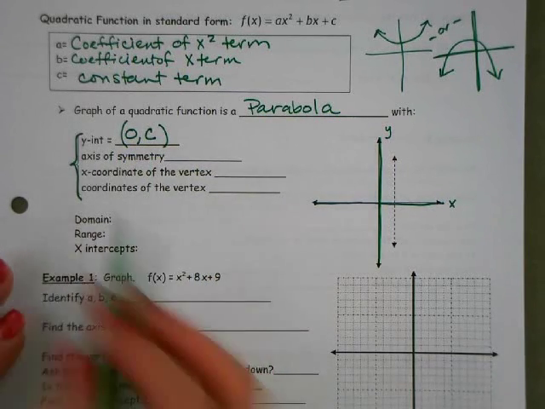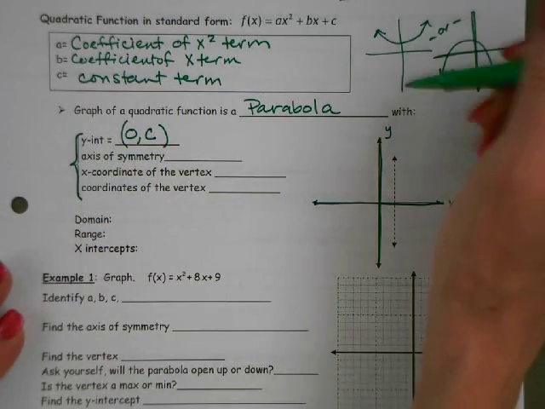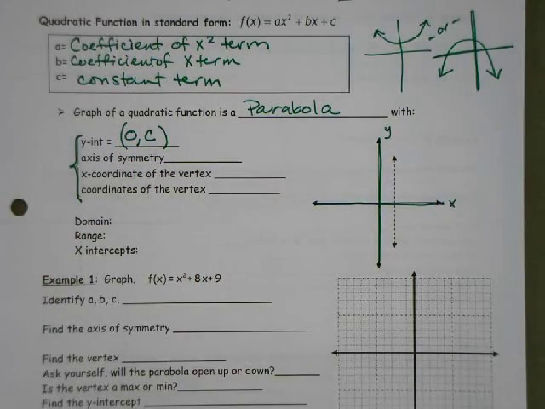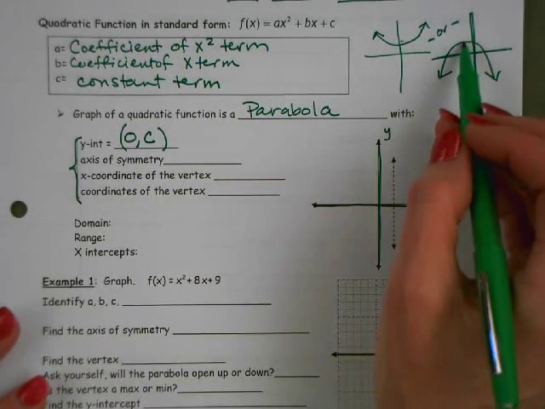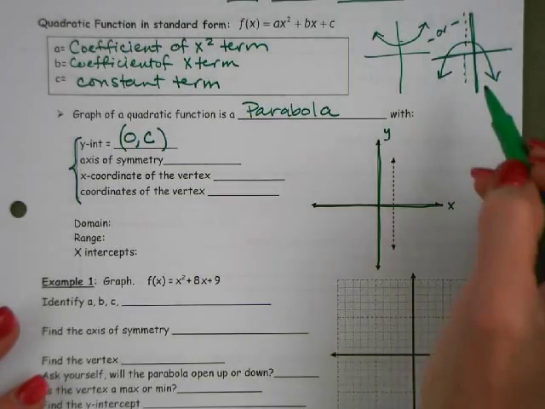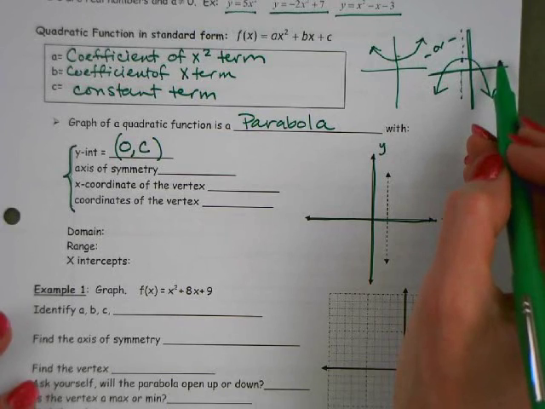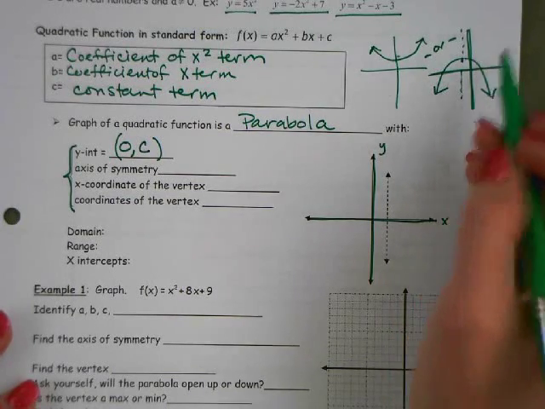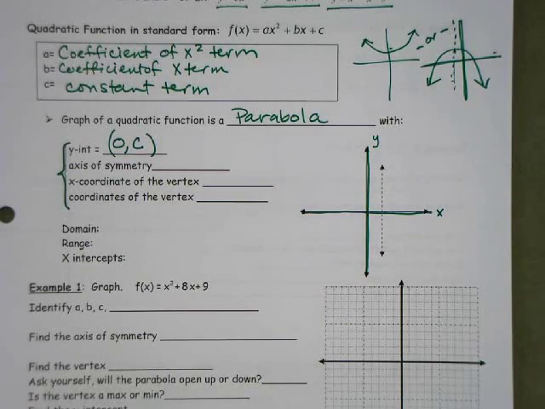Okay? My axis of symmetry. So a quadratic, the parabola is the same on both sides, right? There's a part at the very bottom or top where it stops and it flips. So right here, if I drew a line, the left side is the exact same as the right side on a parabola, right? This little line that divides it in half, where you could actually fold it and it would be the same, is called the axis of symmetry.